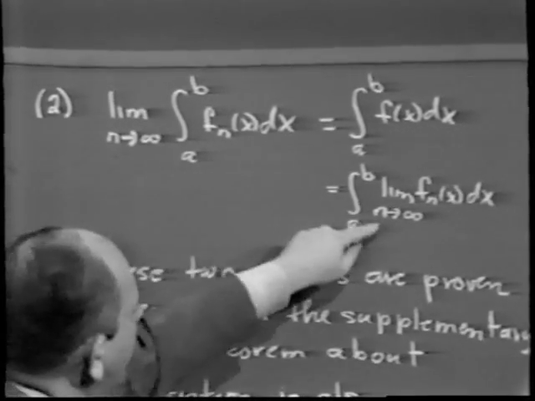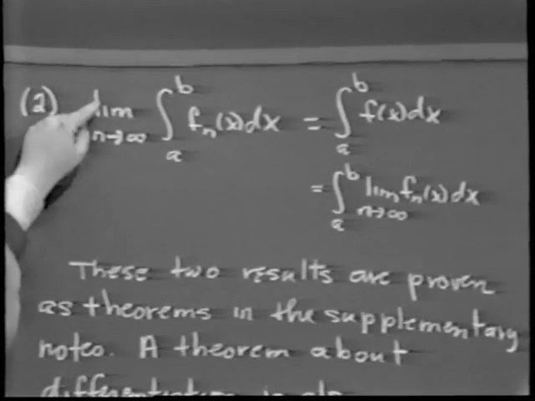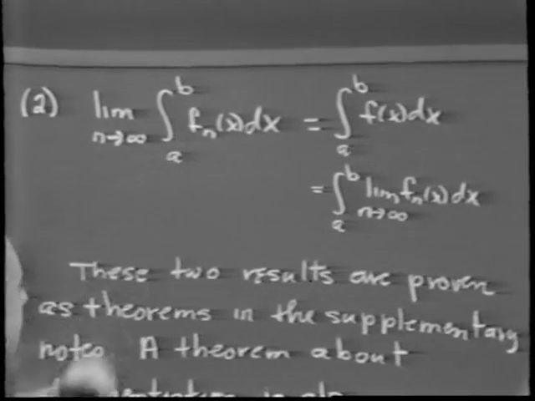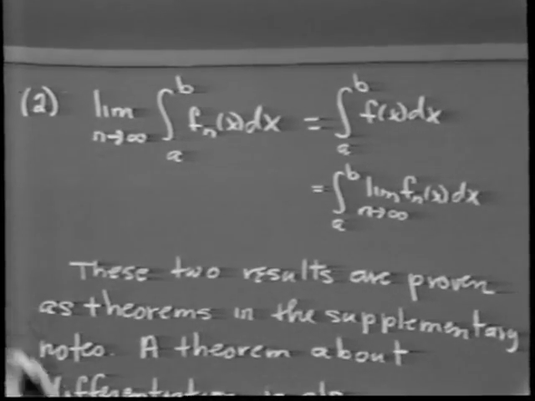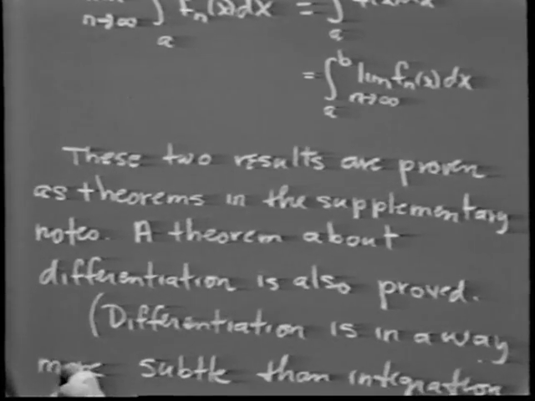In other words, if you have uniform convergence, you can take the limit inside the integral sign. Again, these results are proven in our supplementary notes.